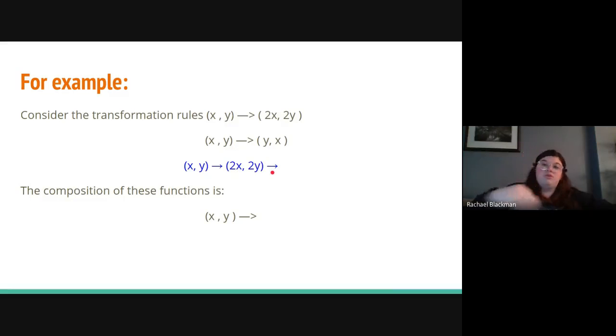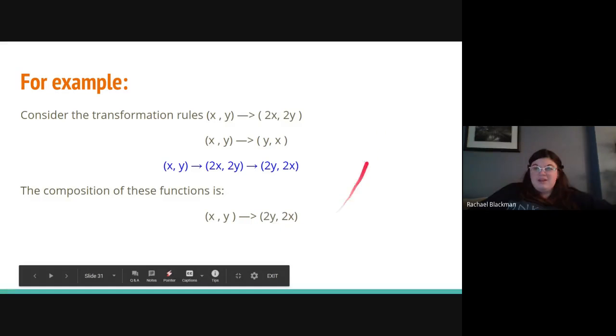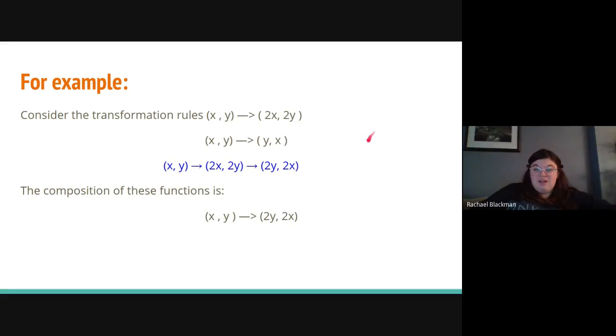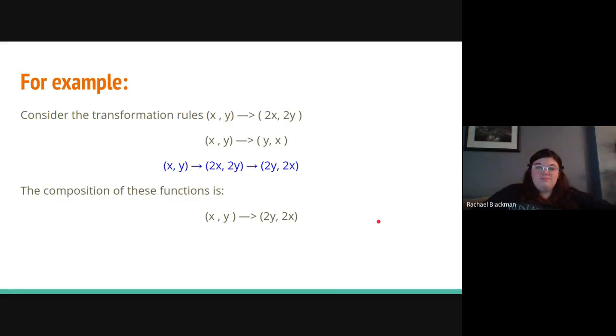That just flips your coordinates around, right? So if this is our coordinate, (2x, 2y), flipping those around is just going to be (2y, 2x). So in the end, your composition can be written as (x, y) is going to (2y, 2x), all right? So that shows your dilation and your reflection in one step as one coordinate rule. Pause if you need to.